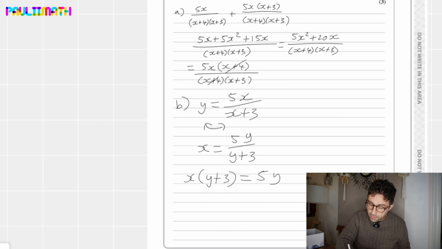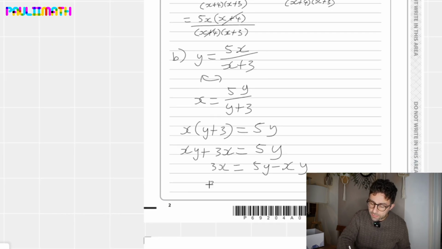So, like that. Multiply out the brackets. And then bring the y's together. Pull out y as a common factor. If you were just learning this, that's sometimes the hardest part to wrap your head around.